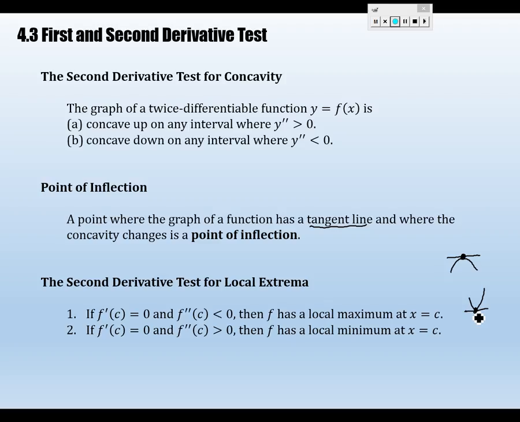By the way, if you're having trouble remembering that concave up means y double prime is greater than 0, you might think, okay, if it's positive, then it's up. Concave up, it has that shape, doesn't it? And if it's negative, then it's down, right?